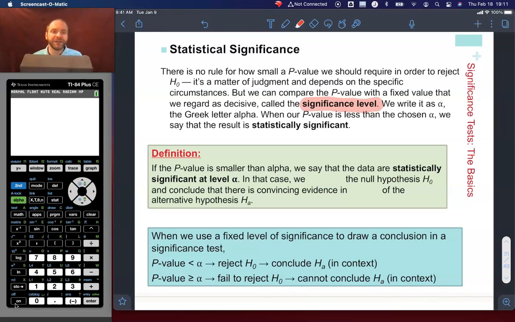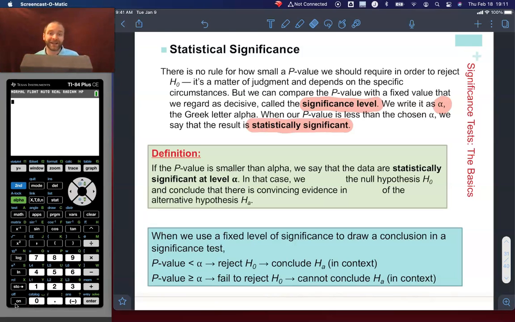We use the Greek letter alpha to represent that significance level. When our p-value is less than the alpha that we choose, we say the result is statistically significant. So if the p-value is smaller than alpha, we say that the data are statistically significant at that alpha level.